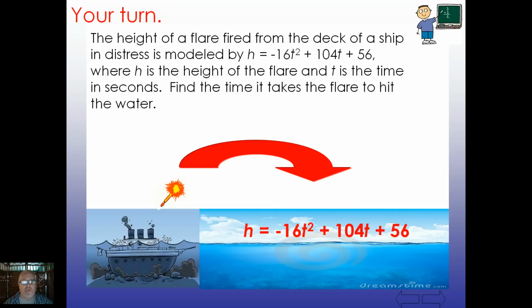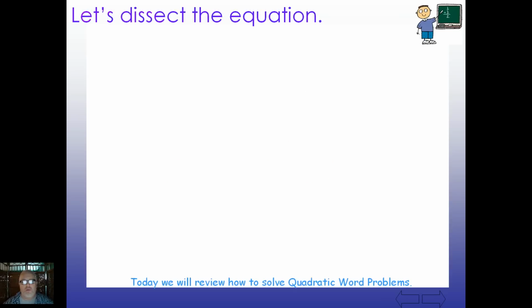Find the time it takes the flare to hit the water. And of course what that means is when the flare's height is what number? Well, when the flare's height is 0, because when it's hit the water, it's no longer in the air, it has no height.